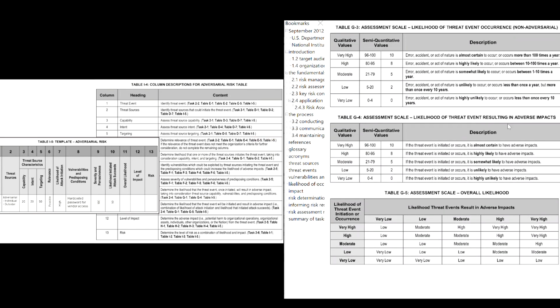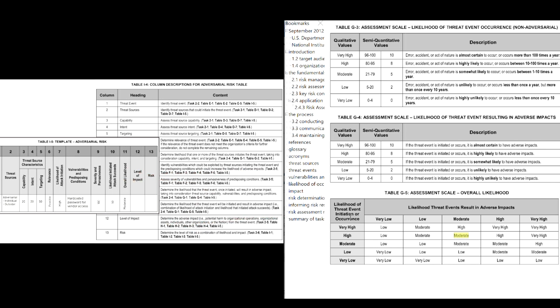And resulting in impacts, we said 50. So 50, that's moderate. So I have high likelihood and moderate impact. That will bring me to moderate as the overall likelihood. So I've completed that. And now I'm ready to finish two things.